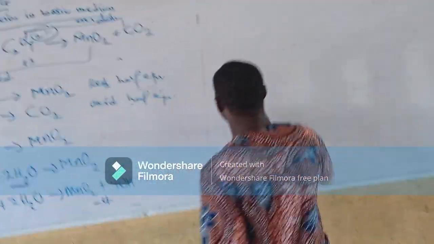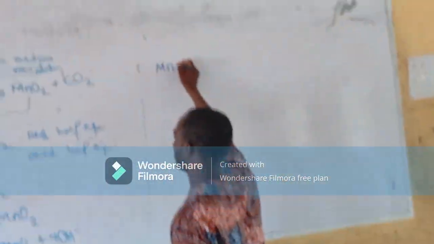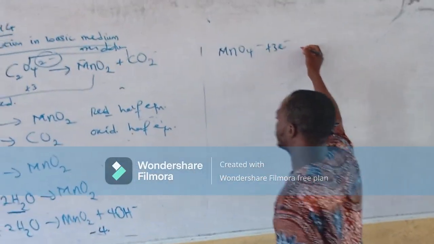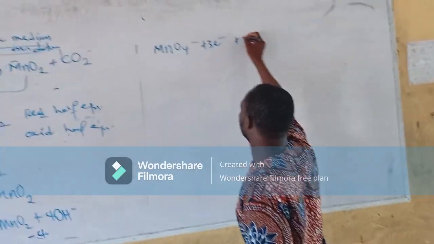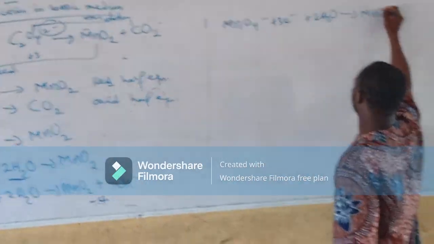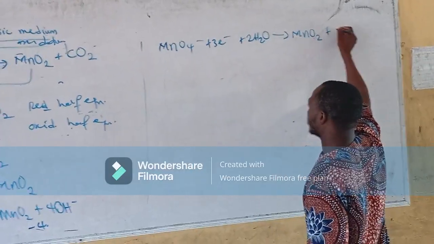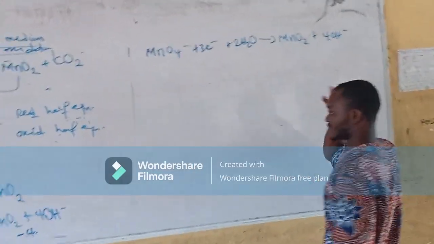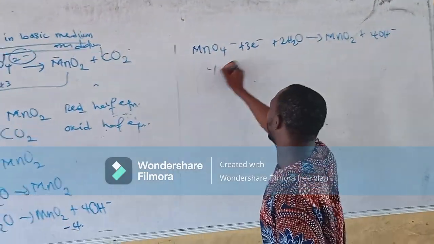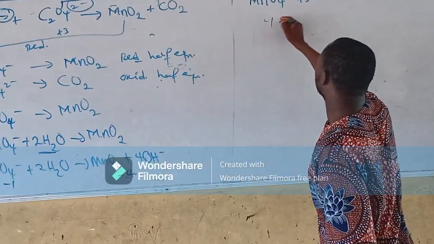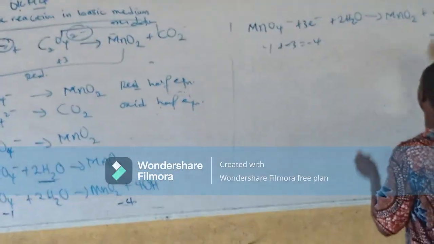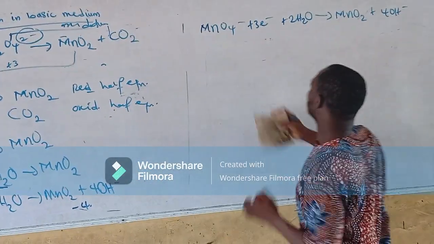So MnO4 minus plus 3 electrons plus 2H2O to give me MnO2 plus 4OH minus. Now we are done because we now have -1 plus -3, which is -4. Here we have -4 charges. Everything is balanced. This is equation 1.